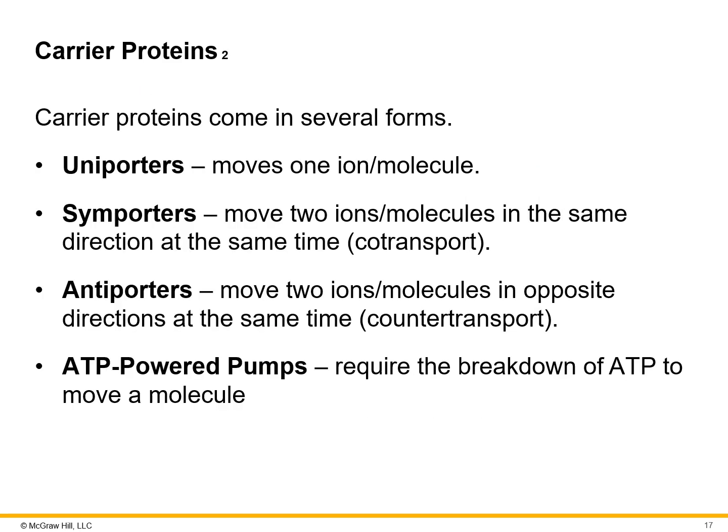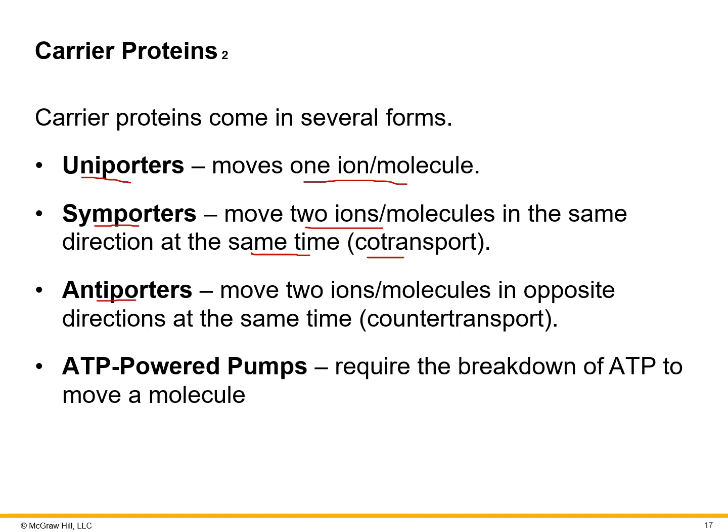Now, the direction that they go give us some different terms. So uniporters means it's carrying one molecule or ion. And symporters move two ions or molecules, but they're going in the same direction. So this is called co-transport. So it may be bringing in hydrogen ions and glucose, but both of those are coming into the cell, so they're going the same direction.